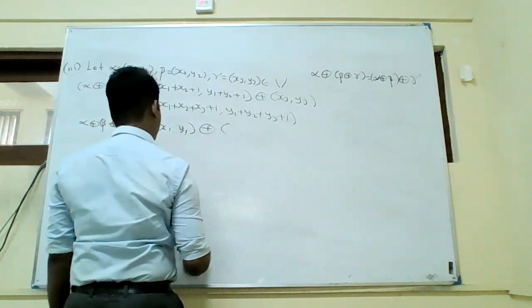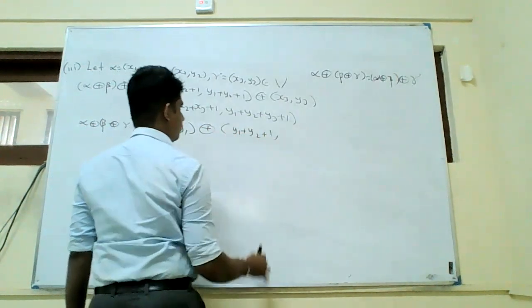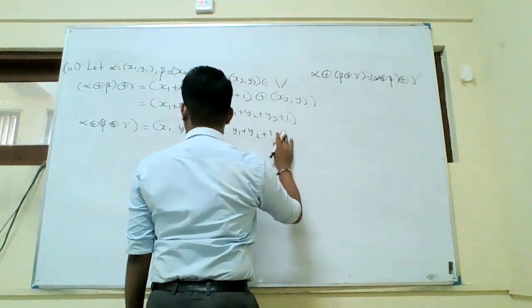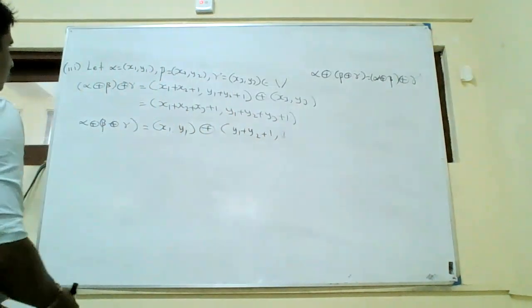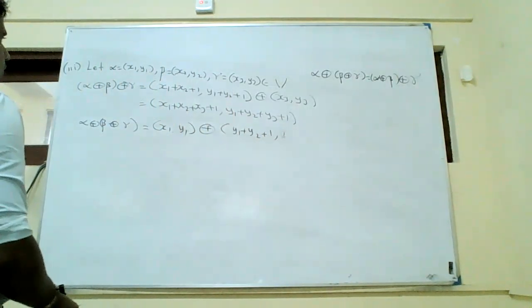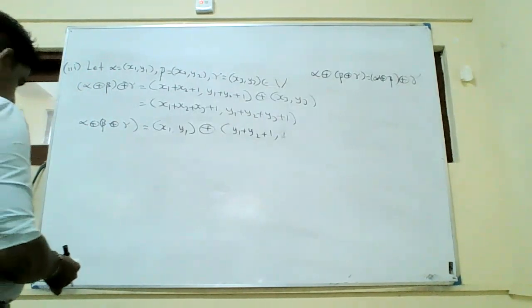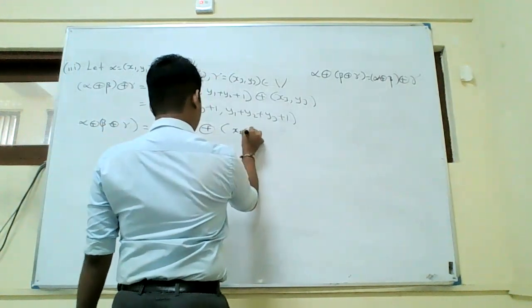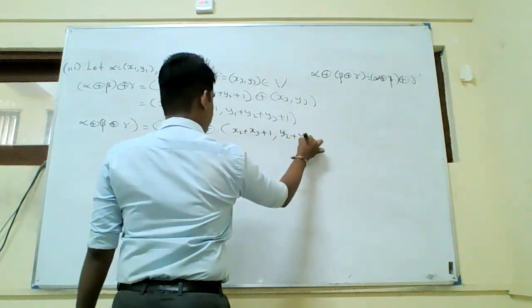Here beta plus gamma is (x2 plus x3 plus 1, y2 plus y3 plus 1).